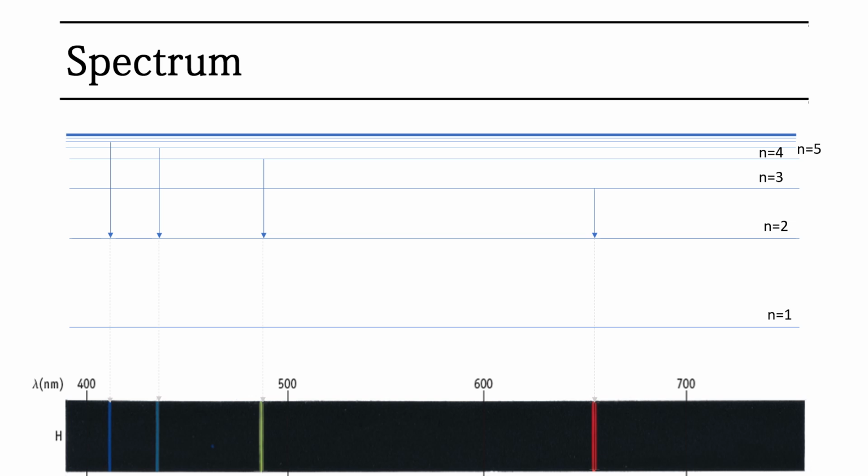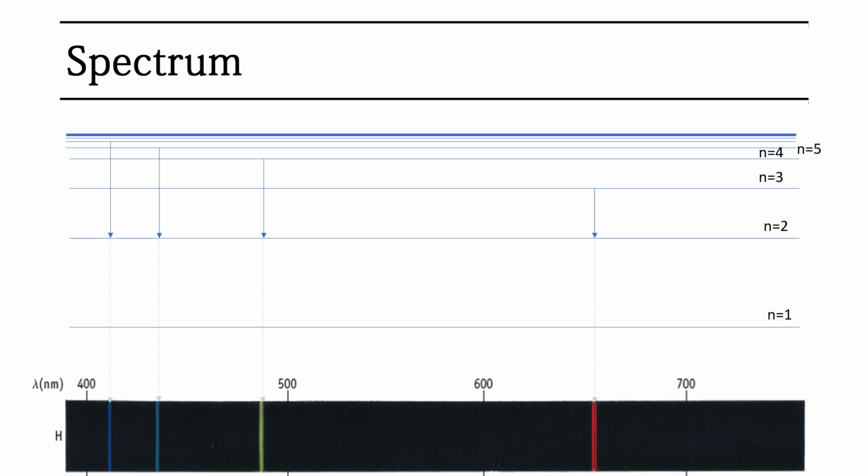There are infinite lines, however, which you can observe in the infrared range, the visible range, and also the UV range. So the energy difference between two energy levels represents the energy of that electromagnetic radiation.